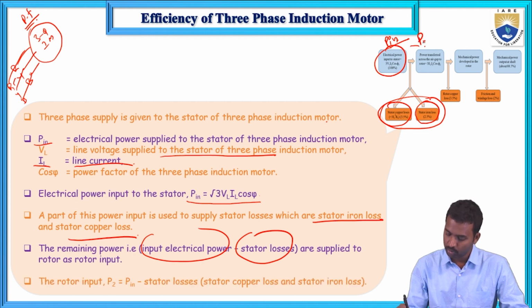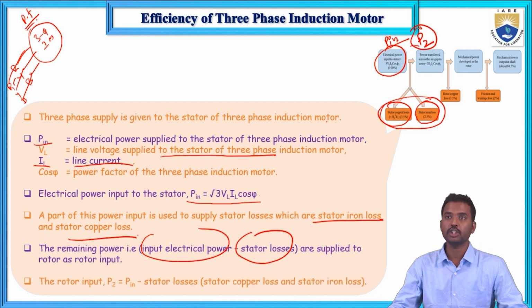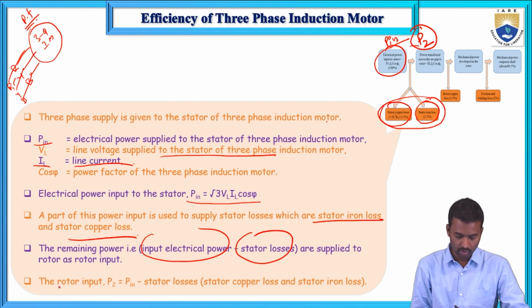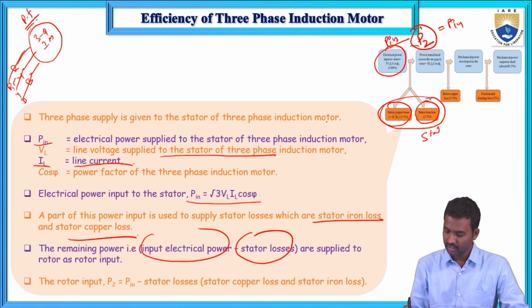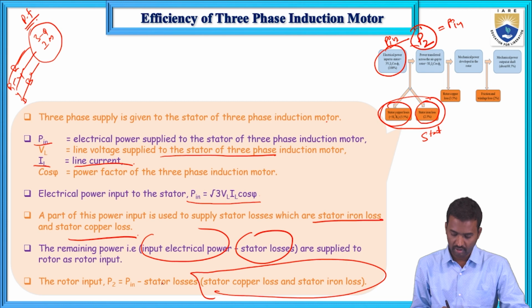This is represented with P2. This representation is most important: P2 equals rotor input equals P in minus the stator copper losses and stator iron losses.